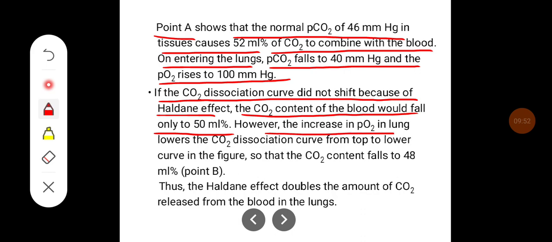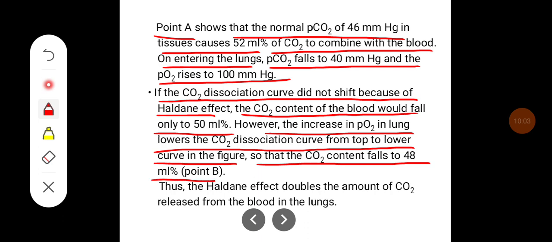However, the increase in the PO2 in the lung lowers the carbon dioxide dissociation curve, top to lower curve of the figure, so that the carbon dioxide content falls to 48 ml percent, that is point B. So thus the Haldane effect doubles the amount of carbon dioxide released from the blood in the lungs.